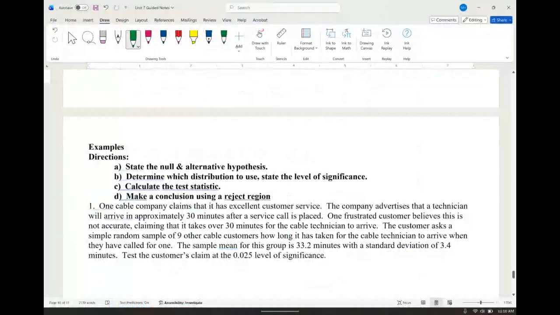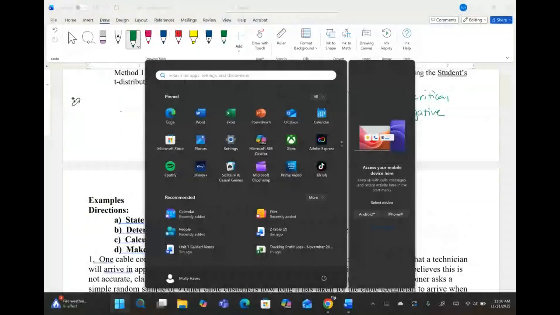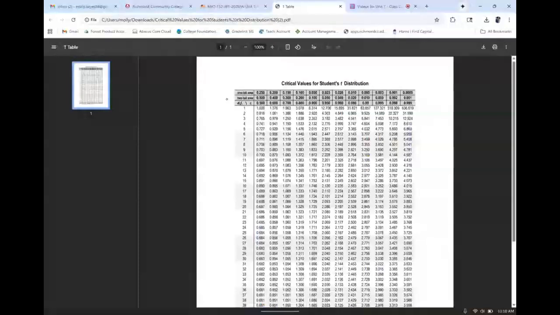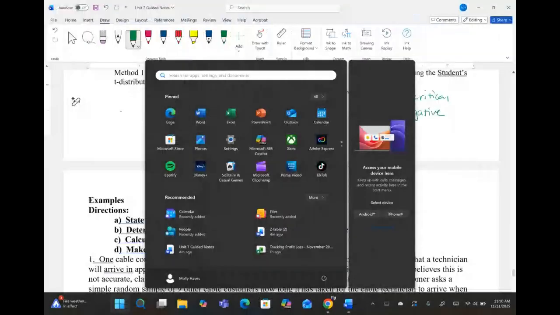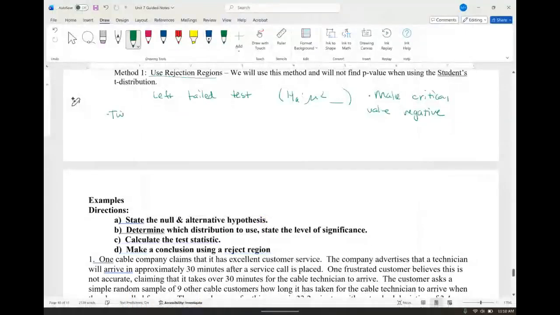About that table, let's just talk about it real quick. We have a two-tailed test right here. We will use the two-tailed test when the alternative hypothesis uses a not equal to symbol.